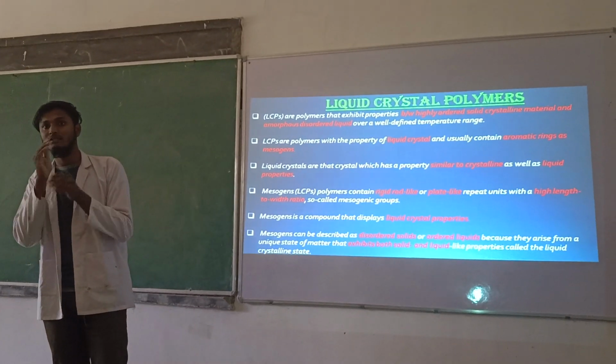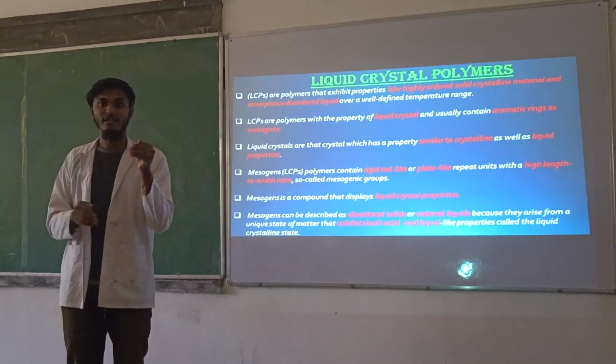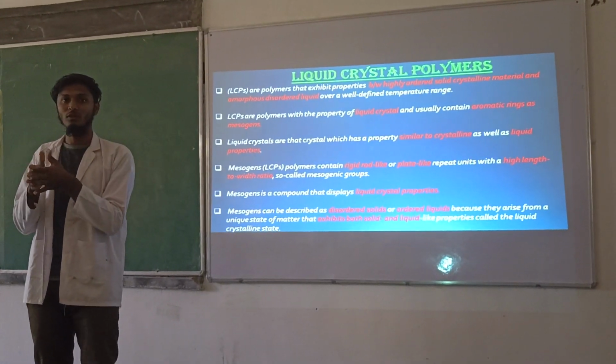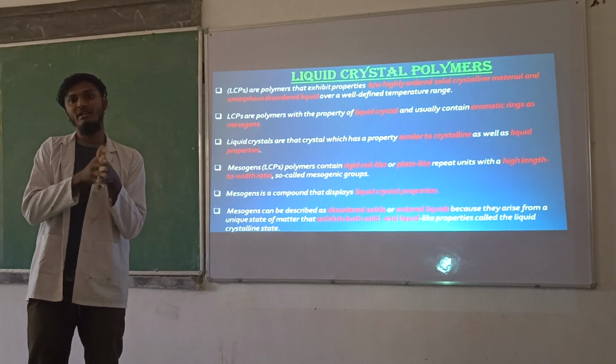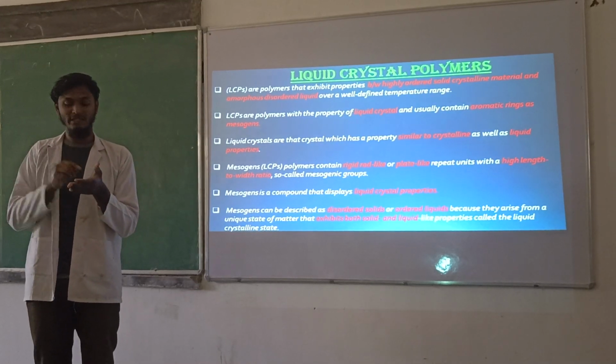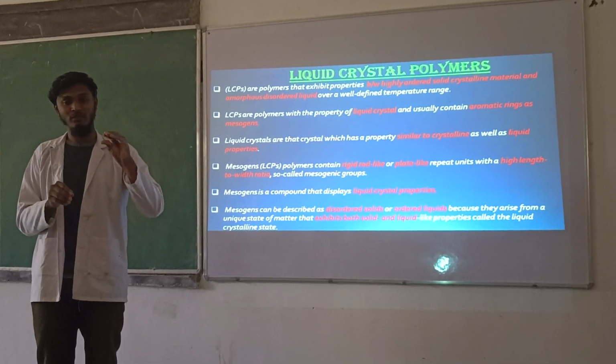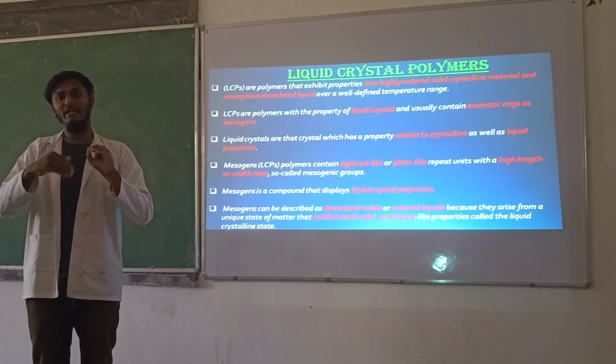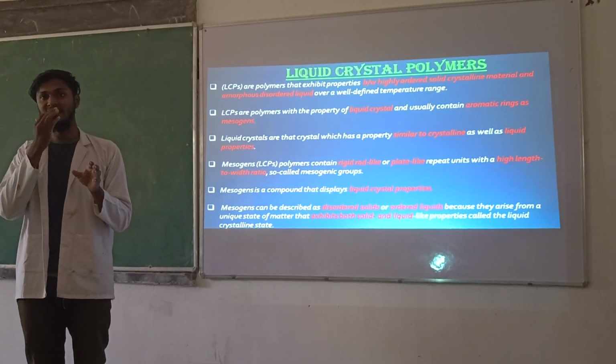The state where both solid and liquid characters show. Like sodium chloride has a high melting point, but at a certain temperature it will be like a solid, but it can flow. That state is what we mean.